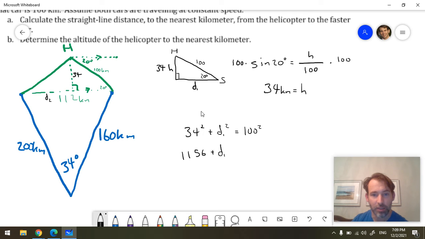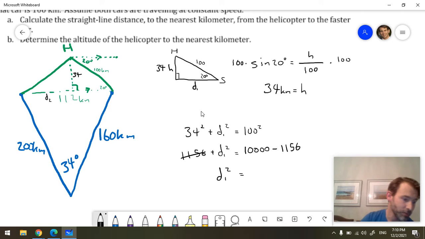Plus some value D1 squared is equal to 10,000. Okay. Subtract 1156 from both sides. Gives me D1 squared is equal to 10,000 minus 1156, which is 8,844.